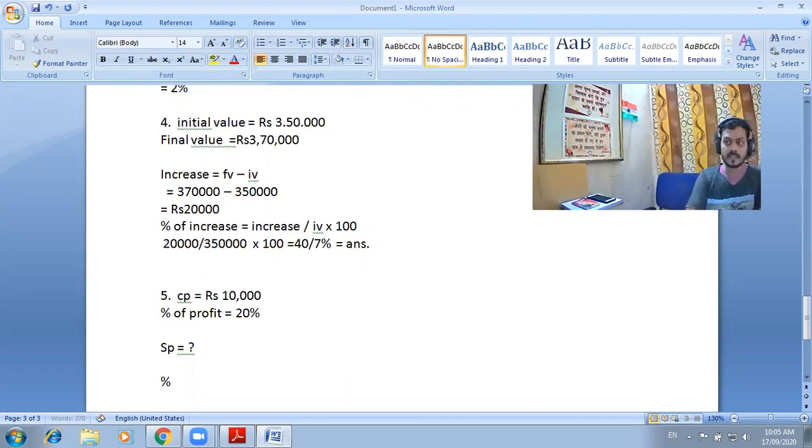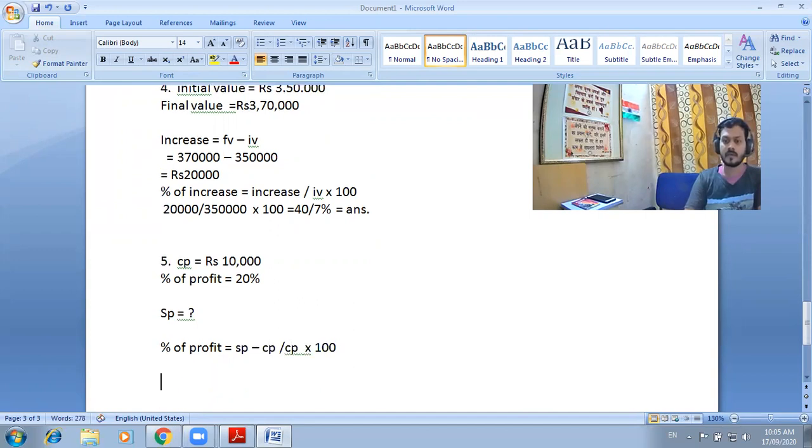Everyone knows: percentage of profit equals profit, where profit equals SP minus CP, so SP minus CP divided by CP into 100.